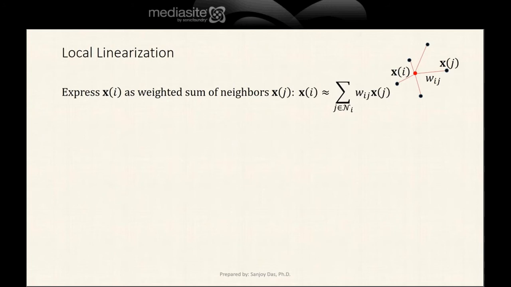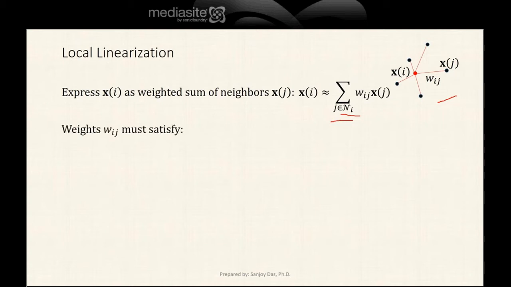So we have to express xi as a weighted sum of its neighbors xj. In other words, xi is approximately equal to summation over all samples in the neighborhood of i, which is N sub i, wij xj. And this shows schematically how each xi is a weighted combination of the xj's.